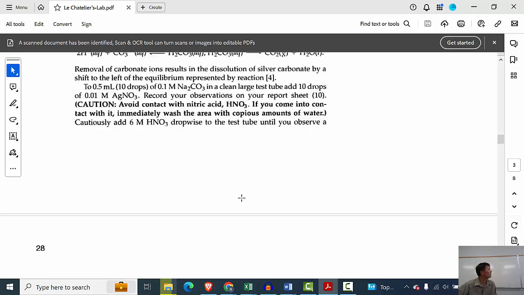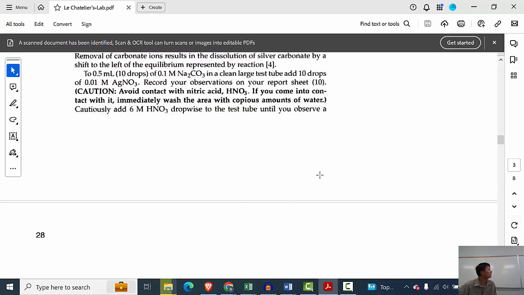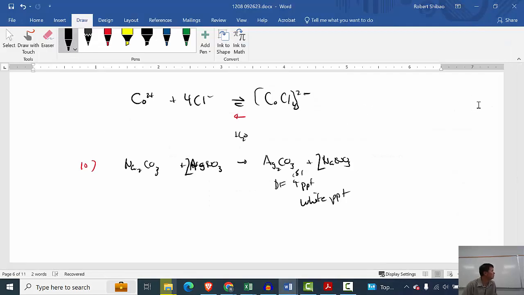Okay, number 11, what do they want us to do? They want us to add nitric acid to this white PPT. So number 11, if we add nitric acid to this white PPT, nitric acid, HNO3 and sodium nitrate aren't going to react. And so this is going to react with the silver carbonate solid.